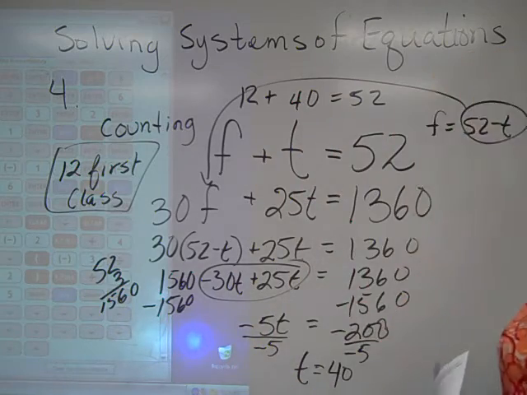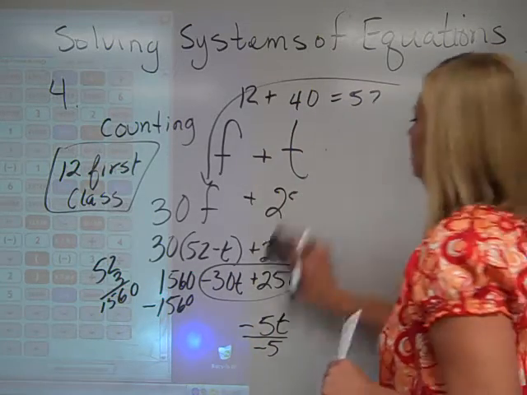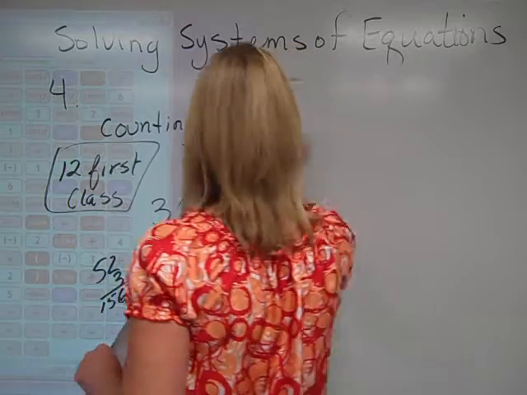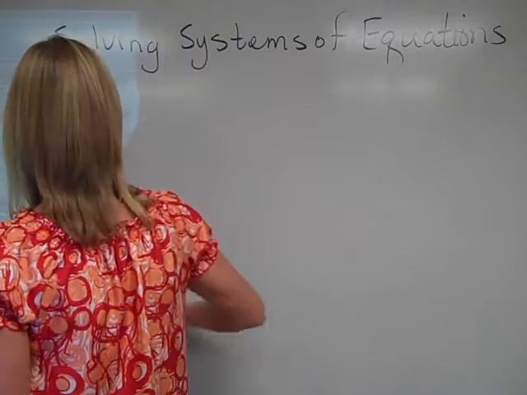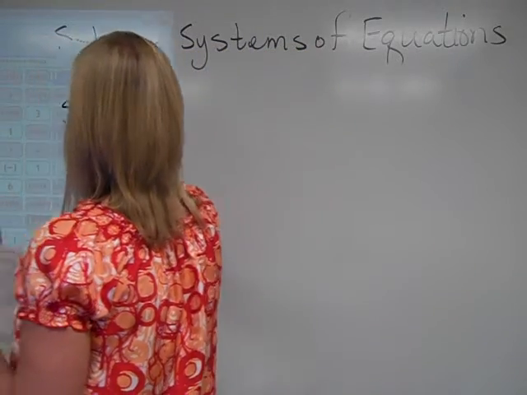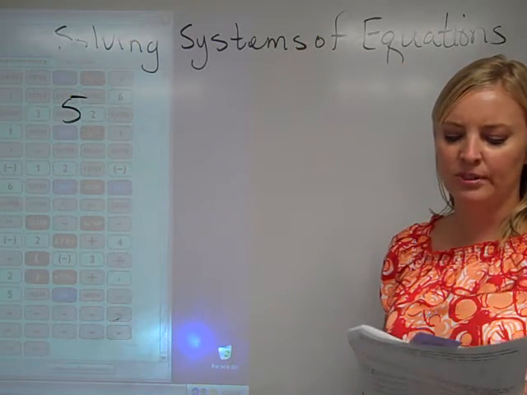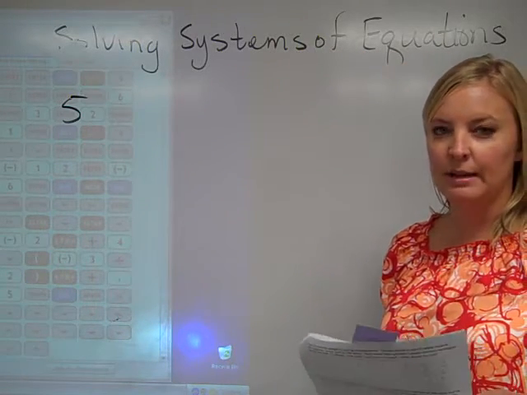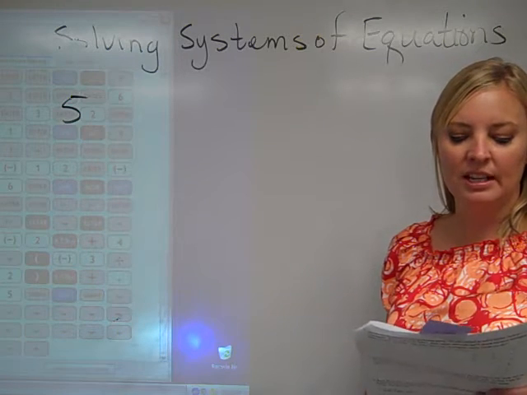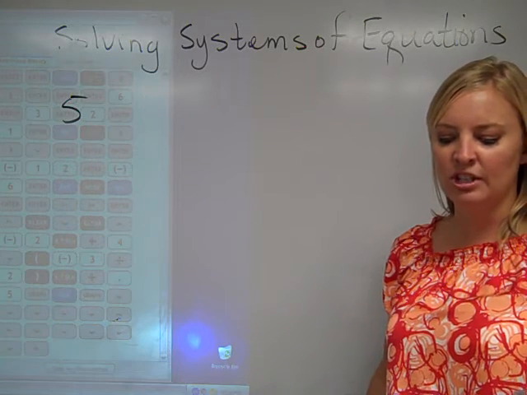Number 5. Number 5 says a caterer's total cost for catering a party includes the fixed cost, which is the same for every party. In addition, the caterer charges a certain amount for each guest.